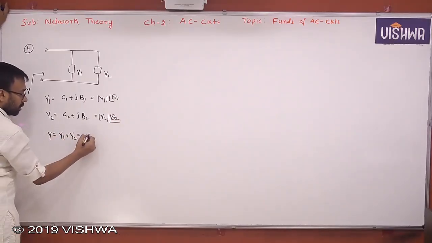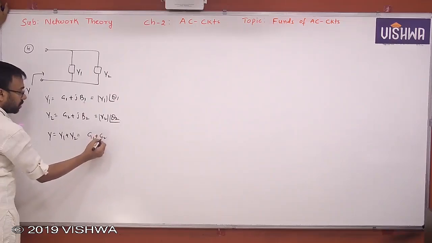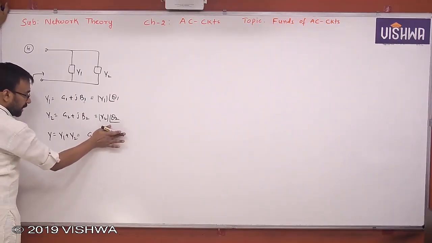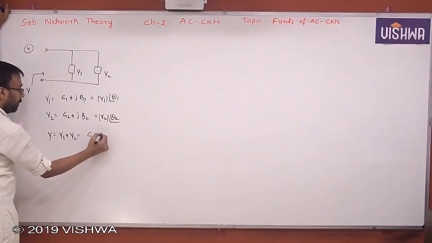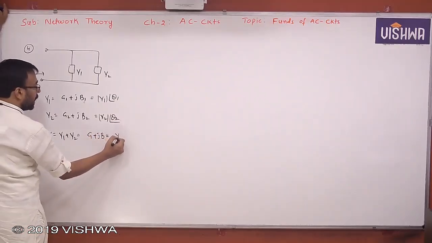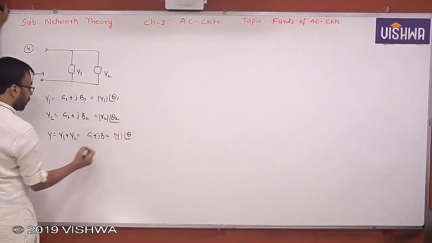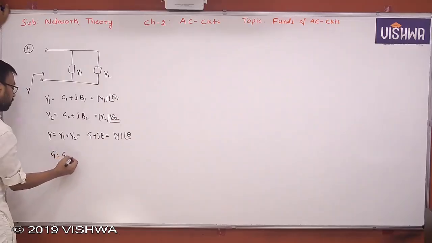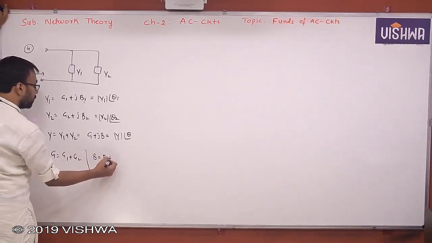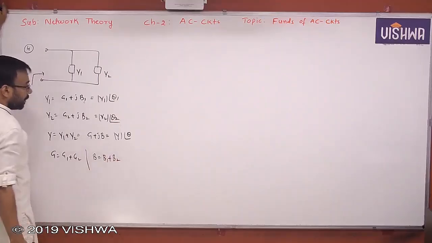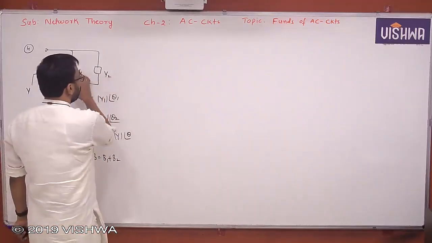Then overall G1 plus G2, or let us say G plus jB, otherwise you can say G plus jB. So Y at an angle of theta. You know that G is equal to G1 plus G2 and B is equal to B1 plus B2. That's it. Clear? Now these two can be added.